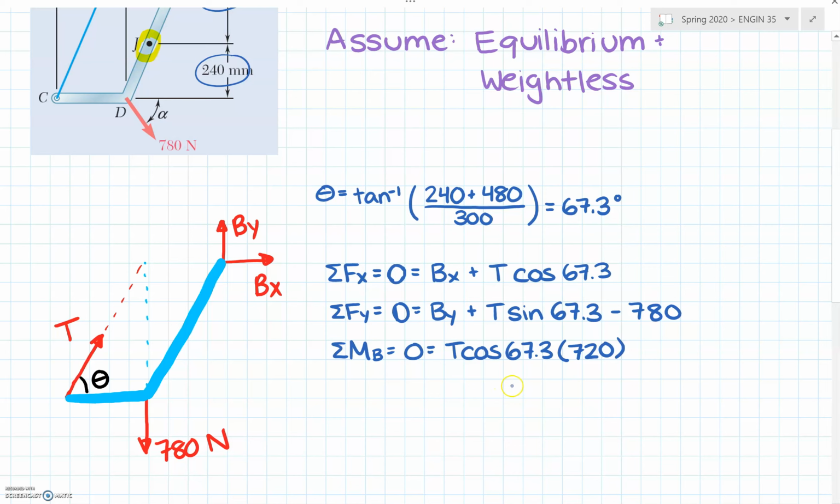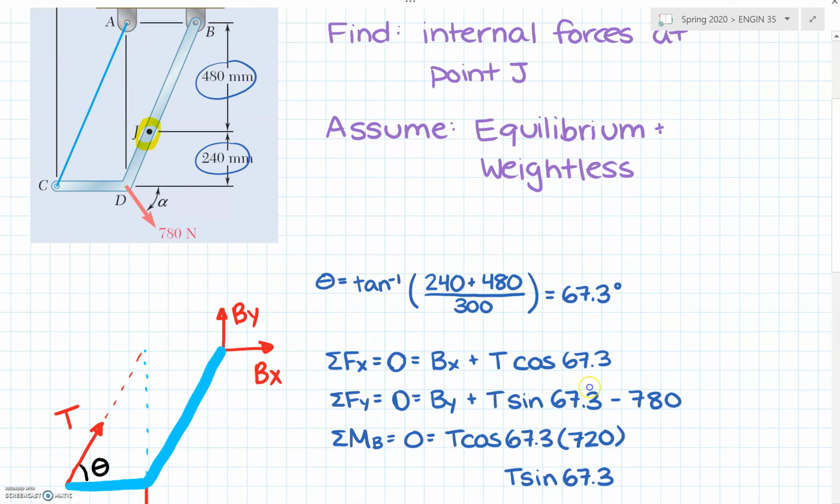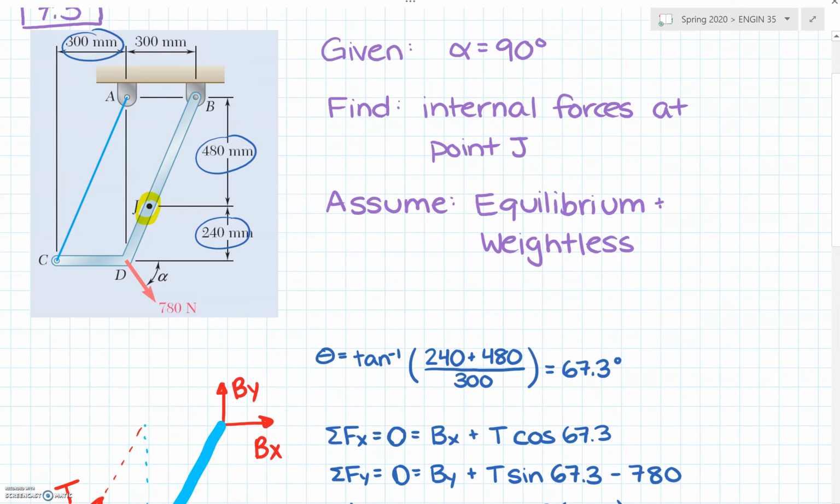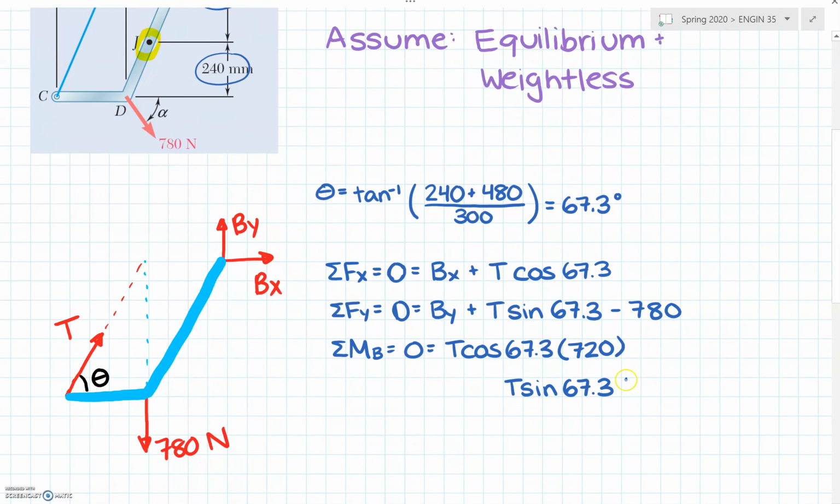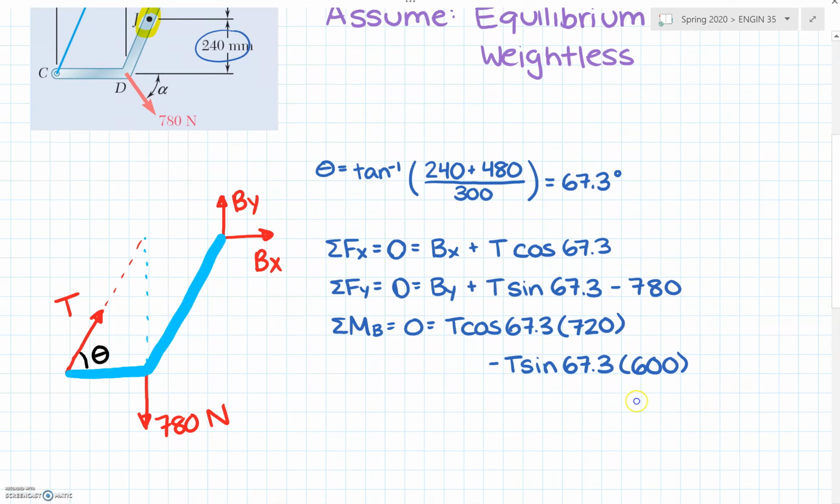Then I have the y component, T sine 67.3. The moment arm for that, looking back at my diagram, is 300 plus 300, so 600. That upward y force makes us rotate clockwise about point B, so that's going to be negative.